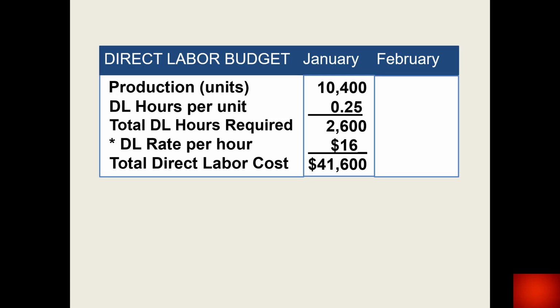For February, 11,400 units will be produced. Each unit requires a quarter of an hour. 2,850 total direct labor hours are expected. The rate is $16 per hour, so the labor cost is $45,600.